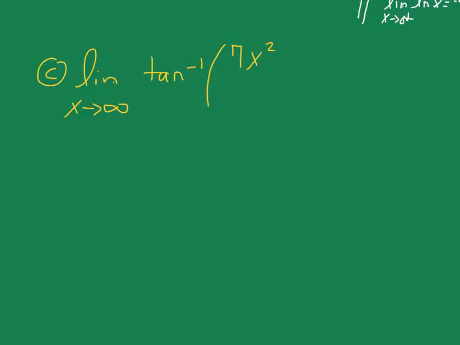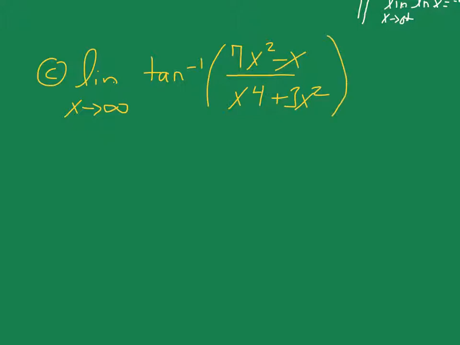And now for our last example, we have the limit as x tends to infinity of tan inverse of (7x squared minus x) all over (x to the 4th plus 3x squared).